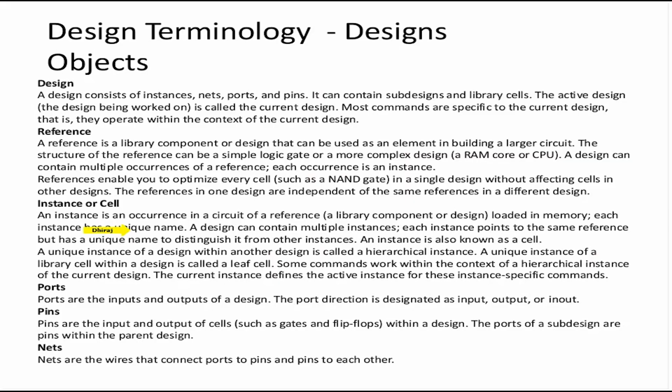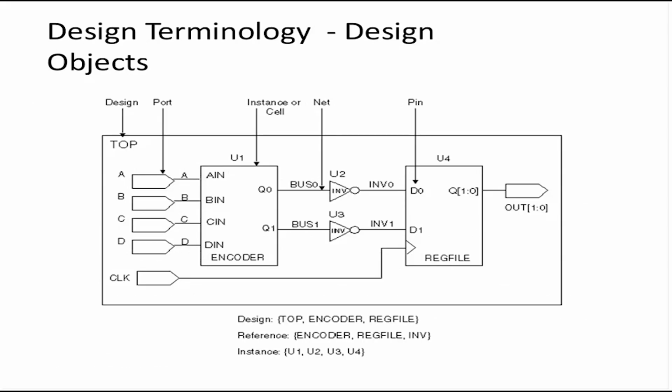So a cell, a design, an instance which is not hierarchical is called a leaf cell. For example, in this one, encoder would be more or less a complex circuit. It will contain a few logic gates. Similarly, reg file will have some clocks. So encoder and reg file are hierarchical designs. They are sub-designs, but they are hierarchical in nature.